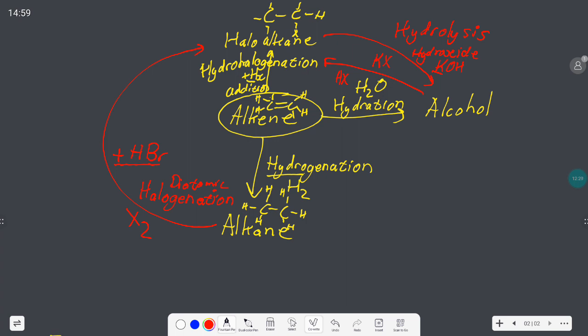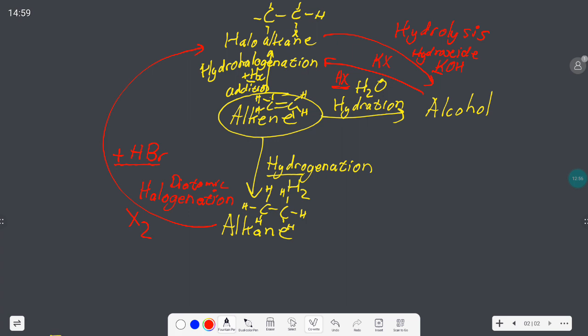So a hydrogen halide is a hydrogen bound to a halogen. So going forward, I have potassium hydroxide to get an alcohol, and from that alcohol it can also go back to a haloalkane by means of adding a hydrohalogen.